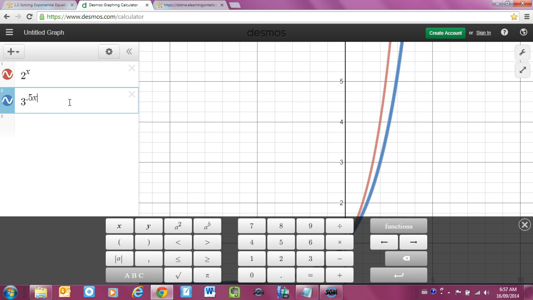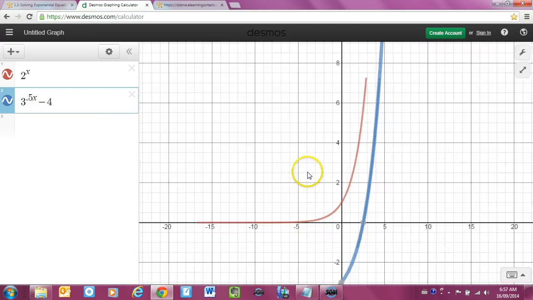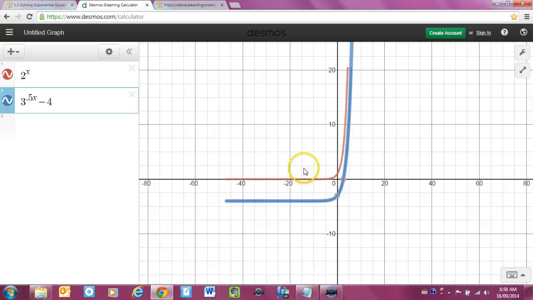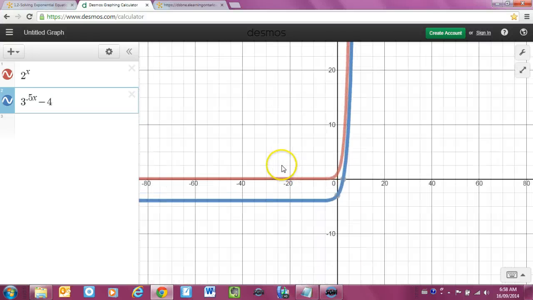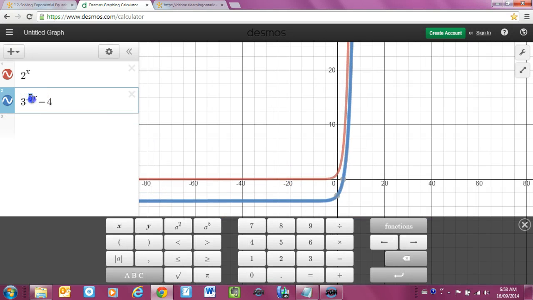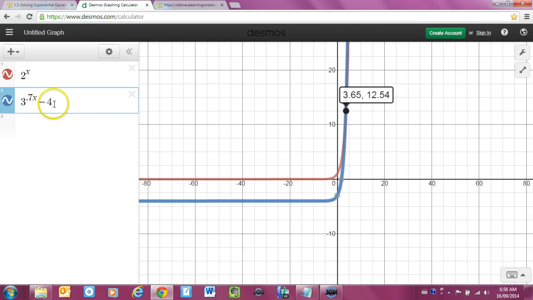Not what I meant to do. 0.5x minus 4. The two graphs are drawn, and I can zoom in to determine if and when the two graphs cross. Now it does look like they probably don't. So something else here, change that value. I can see there is an intersection point here, and I can determine it quite accurately, quite quickly.